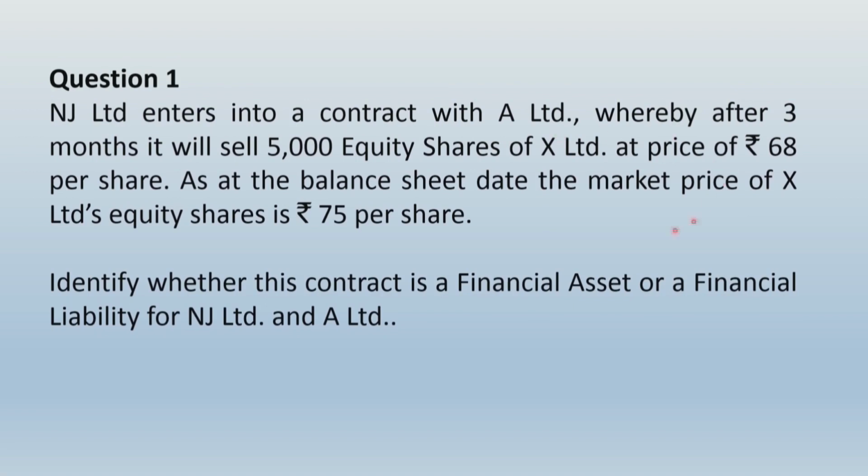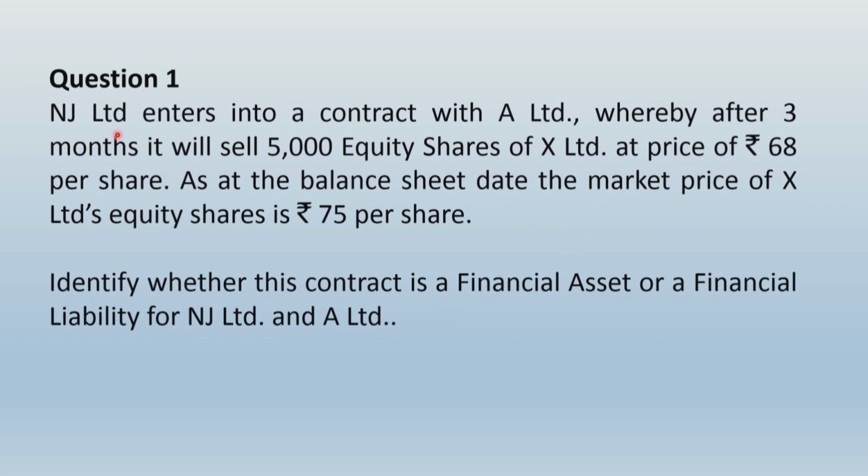So we can say that this contract has turned potentially unfavorable to NJ Limited and potentially favorable to the counterparty A Limited. So as per the definitions, a contract that creates a contractual obligation to exchange a financial asset with another entity under conditions that are potentially unfavorable to the entity will create a financial liability.